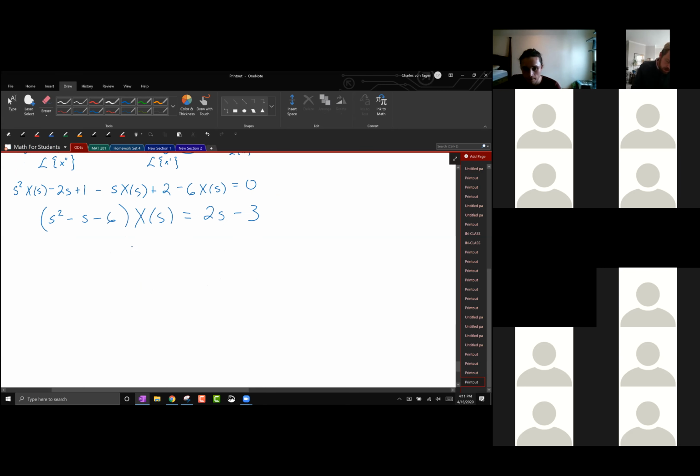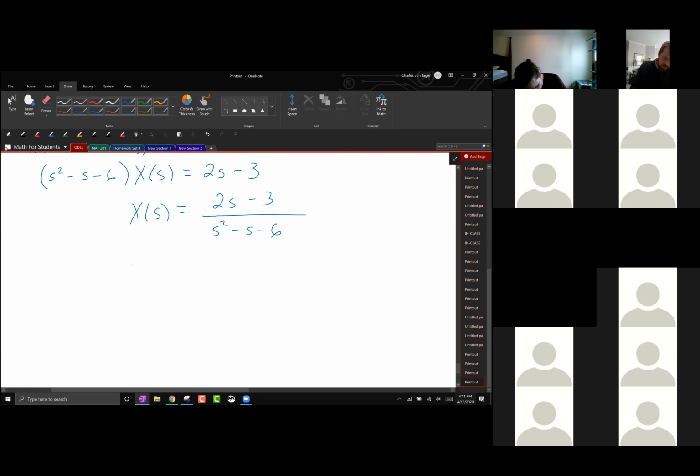So continuing to solve for capital X of s, we get 2s minus 3 all over s squared minus s minus 6. And our denominator factors as s minus 3 times s plus 2.